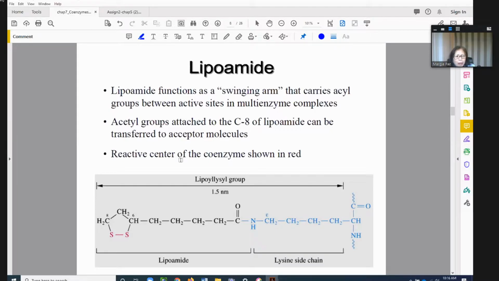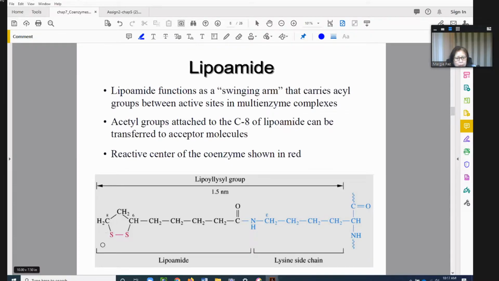Another metabolite coenzyme is lipoamide. The coenzyme lipoamide is a protein-bound form of lipoic acid. The lipoic acid is bound to the epsilon amino group of lysine, as we can see in this structure down here. The reactive center of the coenzyme is shown in red.